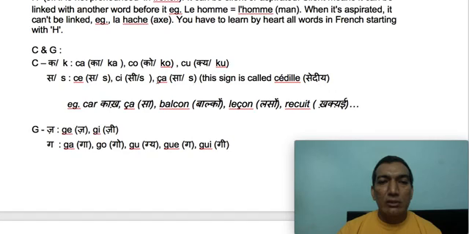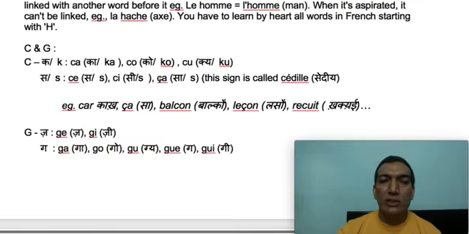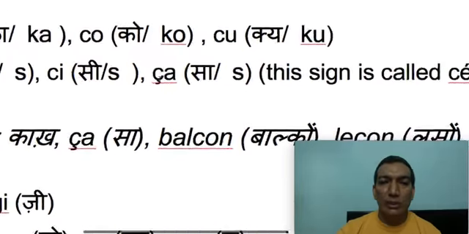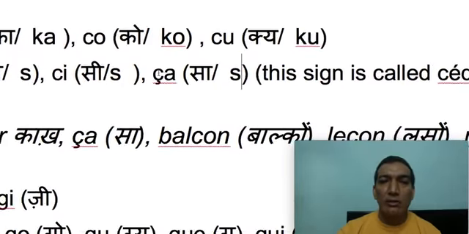There is also a variation of C. It is just to pronounce ça as sa. There is a sign here which is called in French cédille. Okay, so I will just show you, making it a bit bigger. I don't know if you can see it.